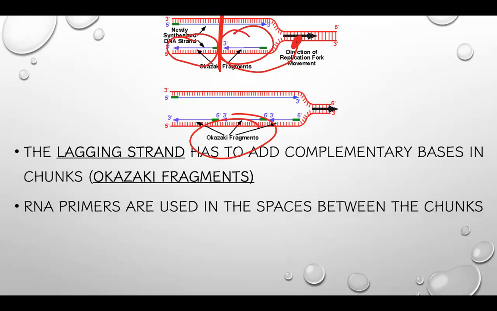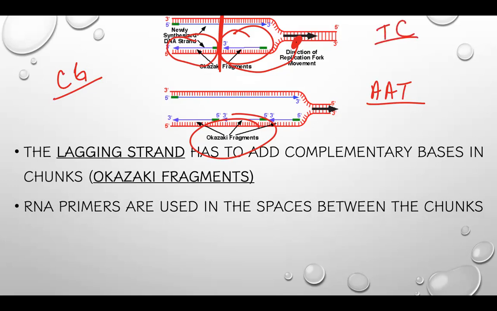So you have chunks of nucleotide bases. Let's say you've got like an AAT chunk and you've got like a CG chunk or a TC chunk.